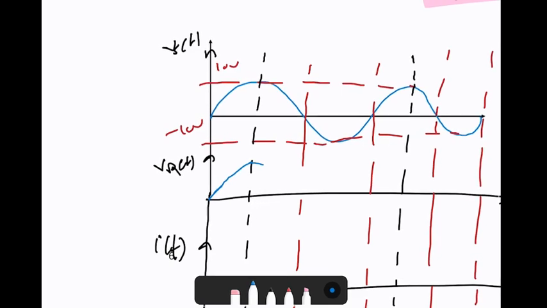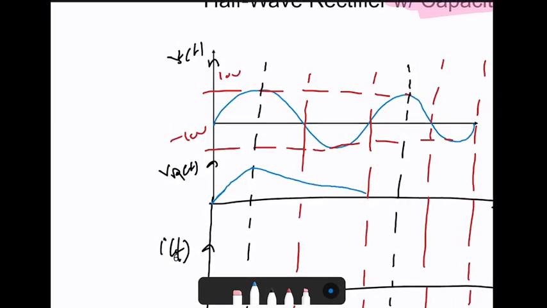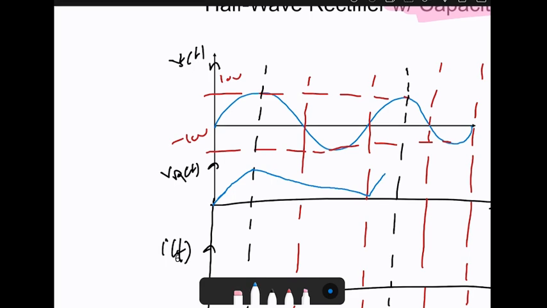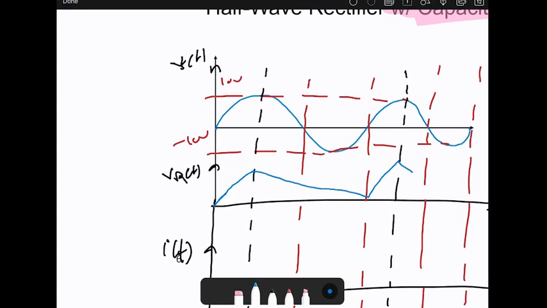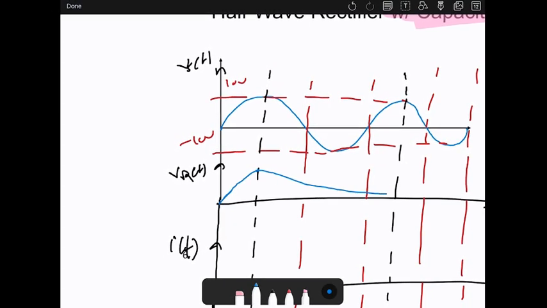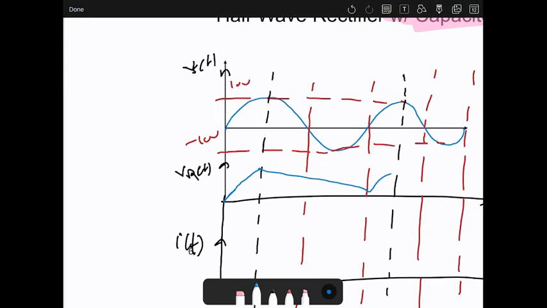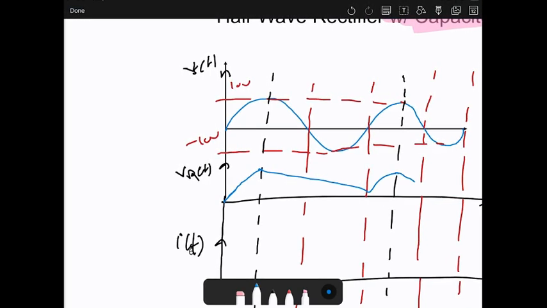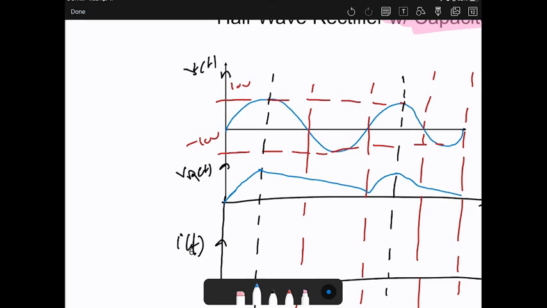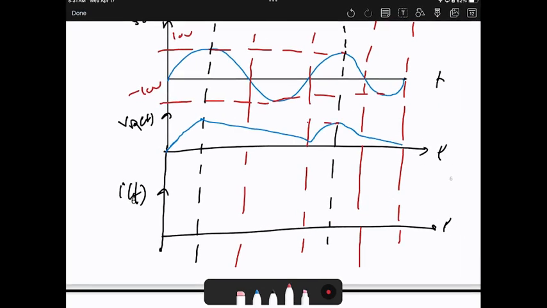It will slow down, slow down, slow down. Then here we'll go back to positive, then slow down, and so on. So that's what the waveform looks like, and the peak of it is 10 volts.